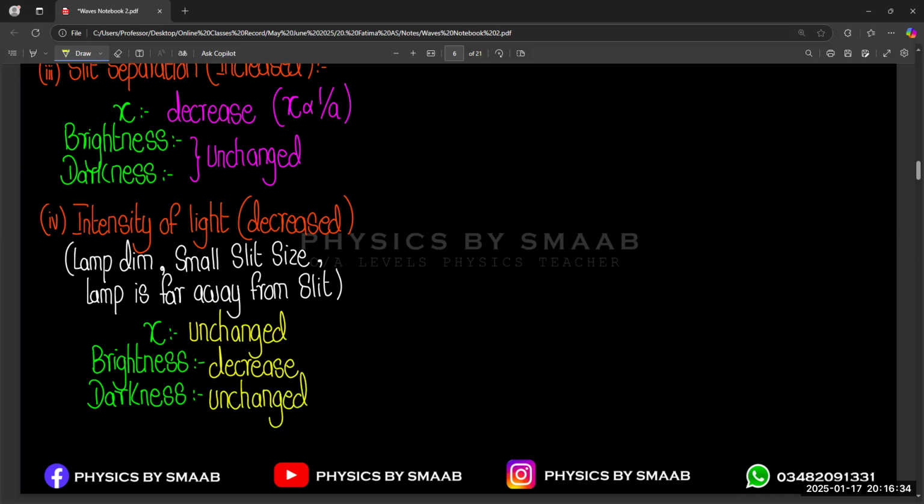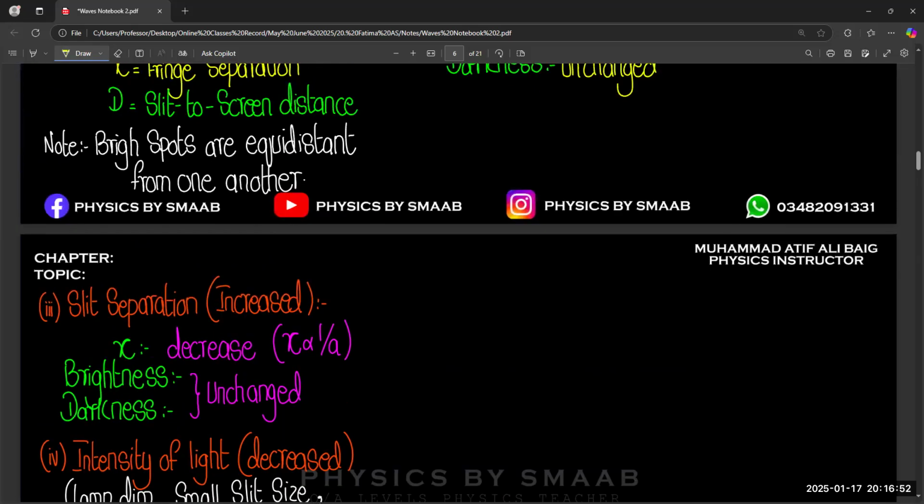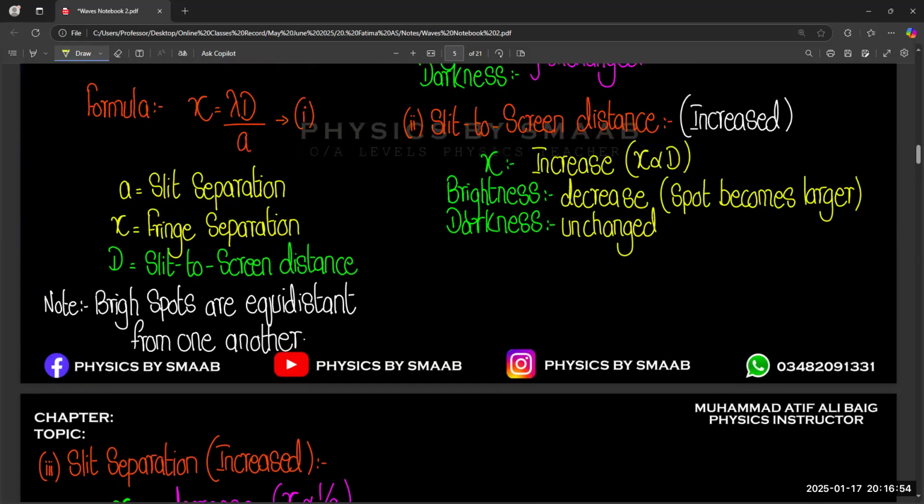And one more thing, if we are changing a physical quantity in the setup, like the slit distance, the distance between the slits or the screen, so if we are changing the physical setup in the experiment, then we are mostly getting a change in the quantity of x.